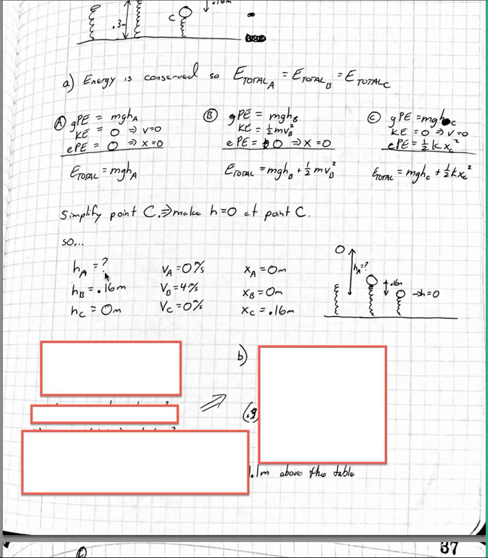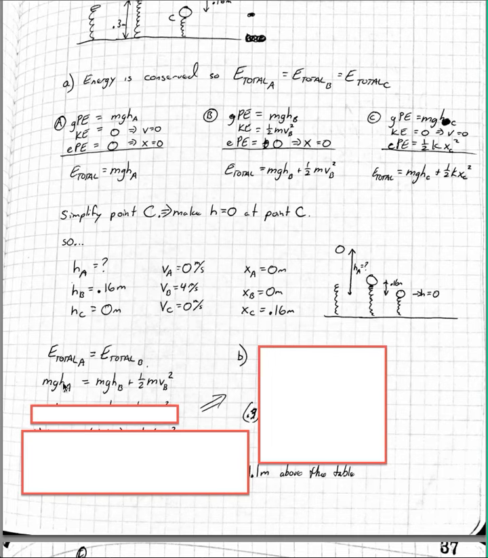So let me pick point A and point B and say, all right, if I know the total at A is equal to the total at B, A only has gravitational potential, B has gravitational potential and kinetic energy. All three of these have mass in their terms. And mathematically, that means you can divide by mass on both sides, and it goes away.